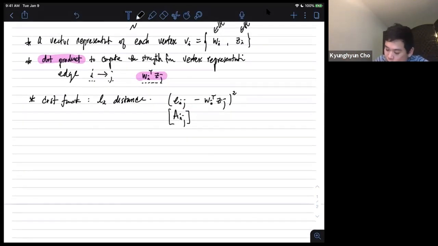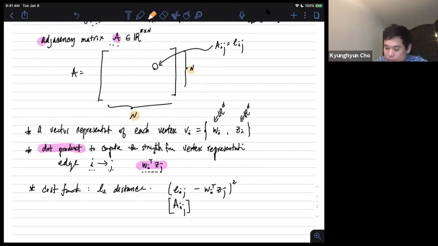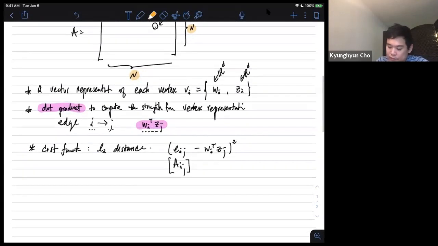We want it not only for a single example, but for all n many examples. In the case of graph input, we have n squared examples because we need to consider every possible combination. Because we're not going to assume symmetry of the edges in this graph, we really need to look at all possible n squared combinations.